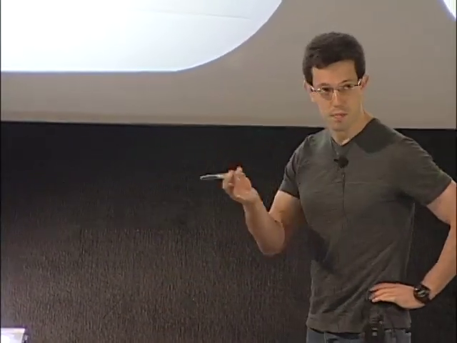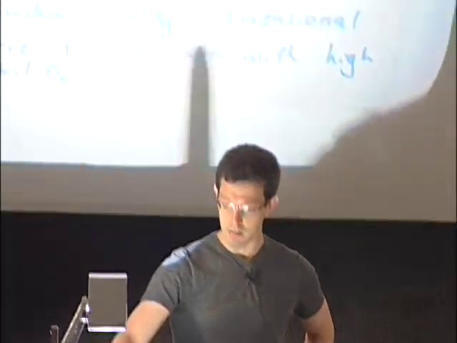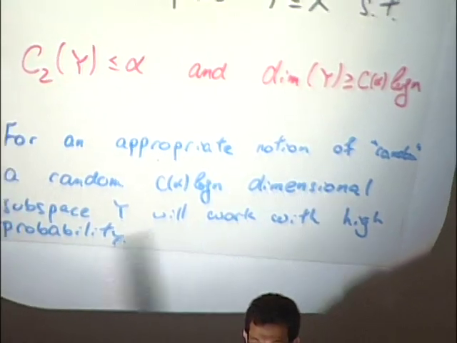Maybe, I'm sure that many of you have seen it, but just to say a few buzzwords, what's happening here is most of the work goes into defining a special notion of random. What does random mean here? You introduce a notion of a random k-dimensional, C alpha log n dimensional subspace.